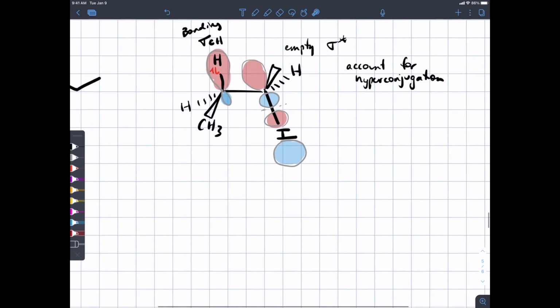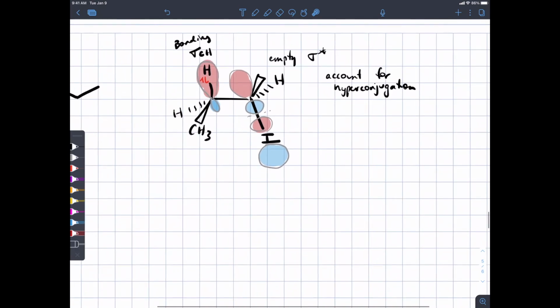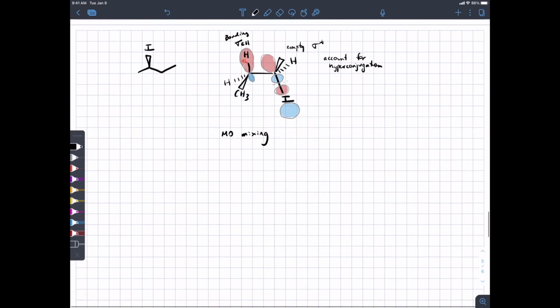Okay, so when a filled bonding orbital can overlap with an empty antibonding orbital, we get what's called molecular orbital mixing. In a sense, what we're going to do is take the sigma star antibonding orbital, which is way high up here in energy, and then the sigma bonding orbital, which is really low in energy.